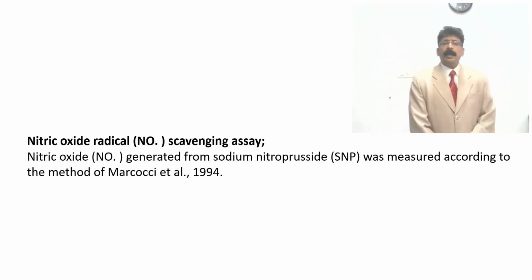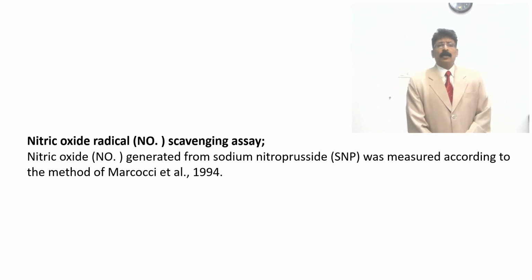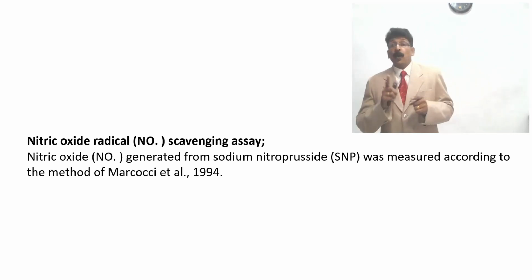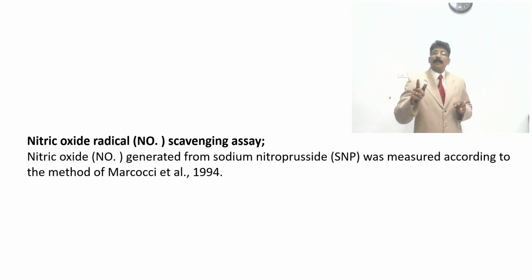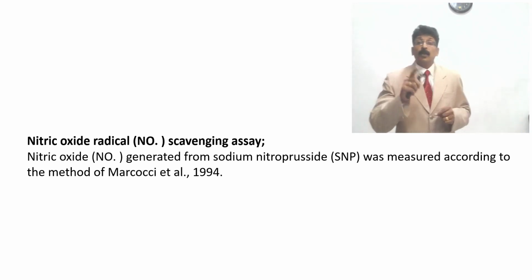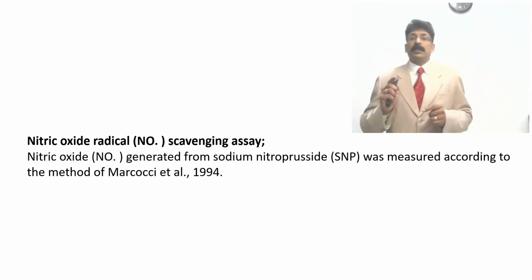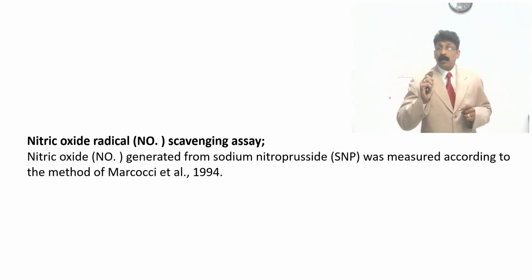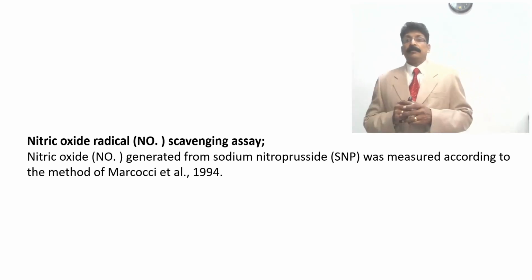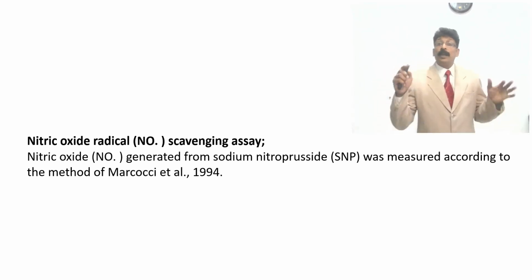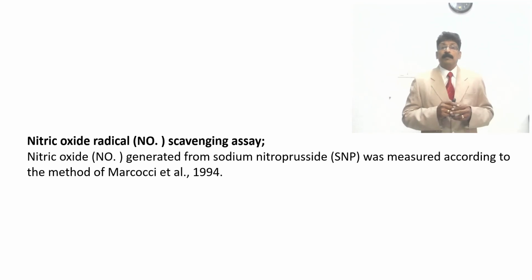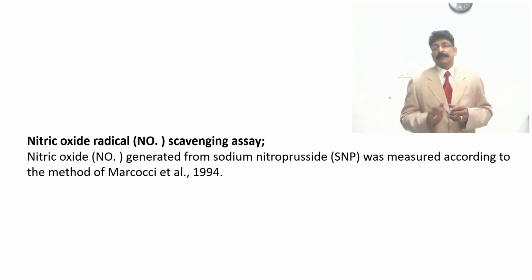Here the nitric oxide, NO, generated from sodium nitroprusside, SNP, was measured according to the method of Marcocci et al., a group of people who published this paper in 1997, taken as a reference for this study.